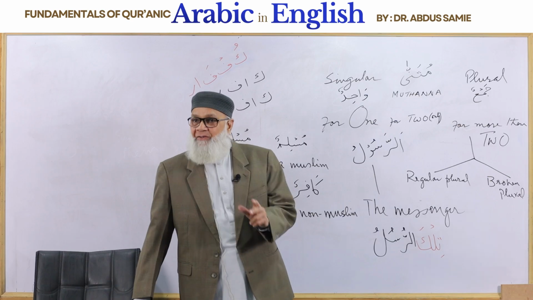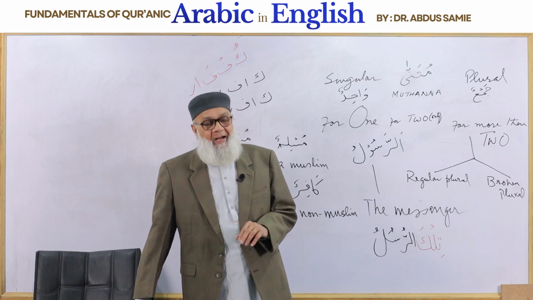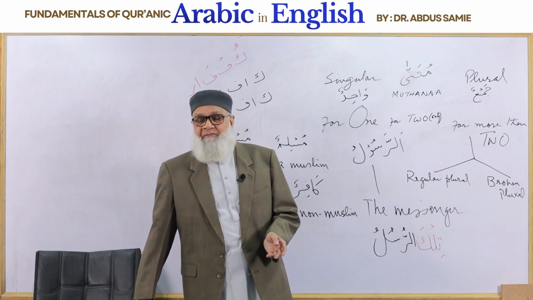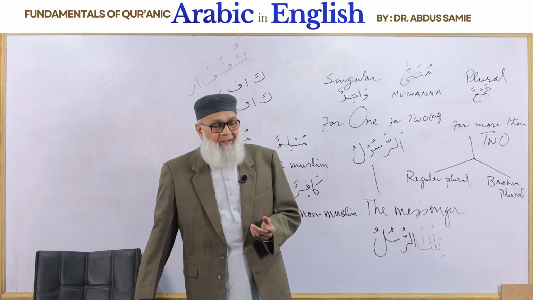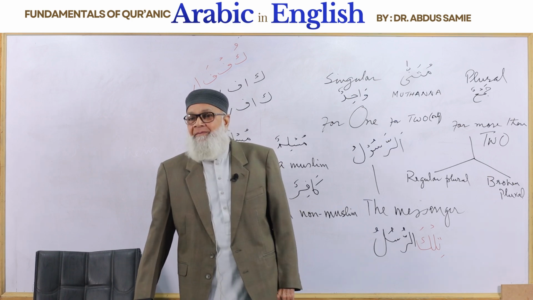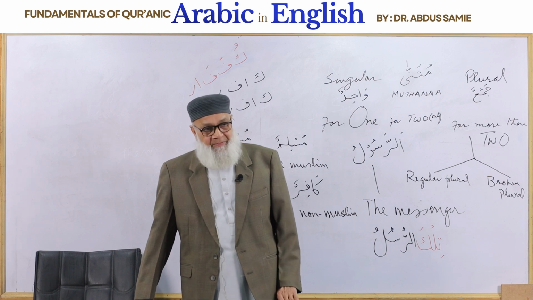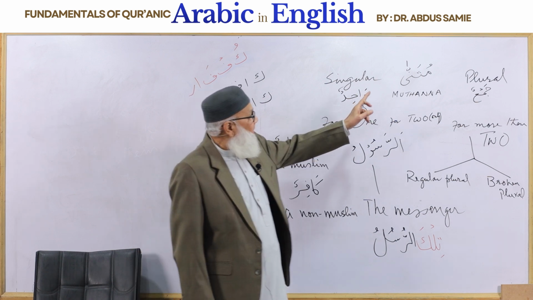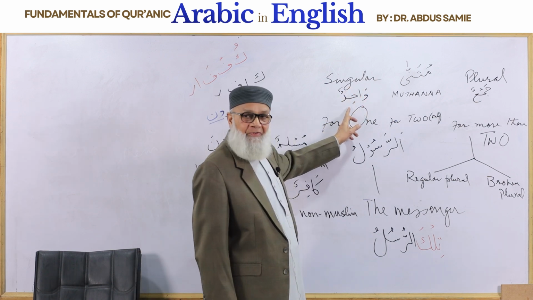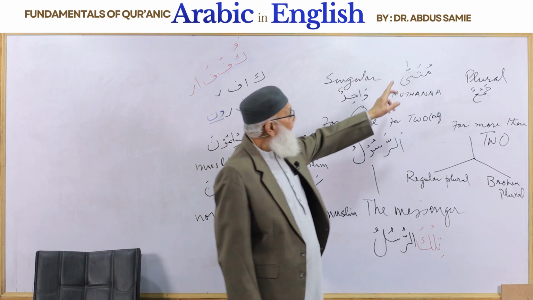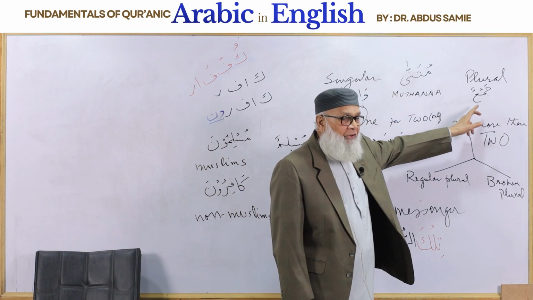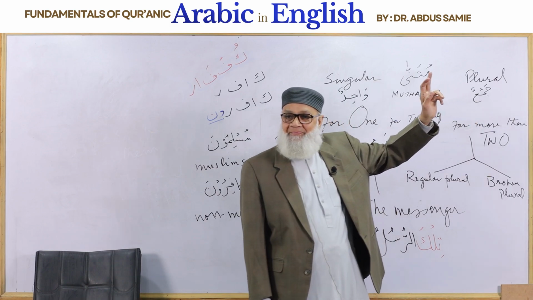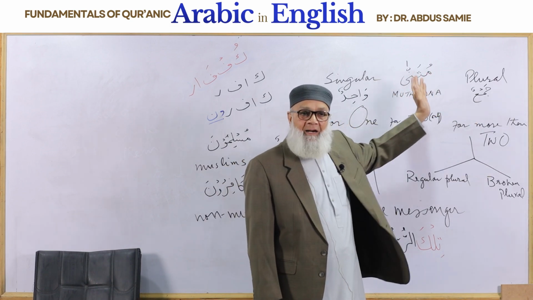The second characteristic which one must recognize in a noun is its number. What does it mean? Whether the noun is wahid, singular, or musanna, dual, or it is jama, plural.